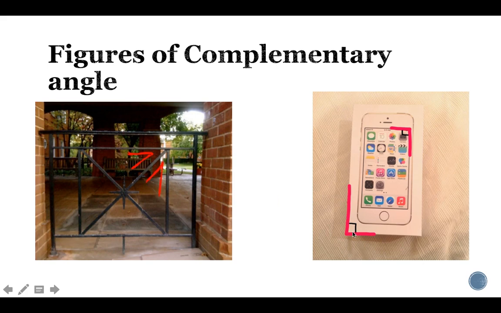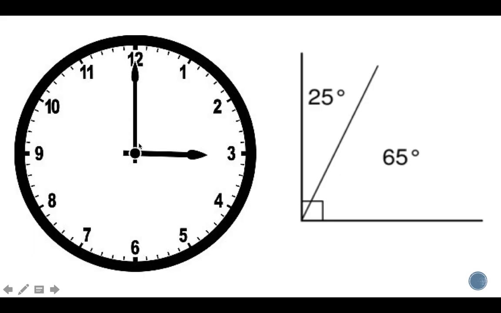Now when you see this, in the earlier class we discussed that this corner represents 90 degrees. No matter how many lines we make here, when we add all the angles, it will be equal to 90 degrees. That means complementary angle.